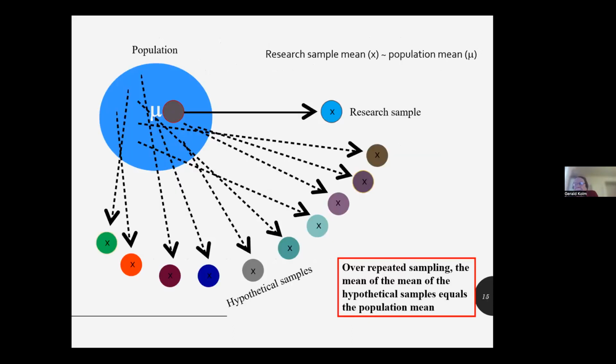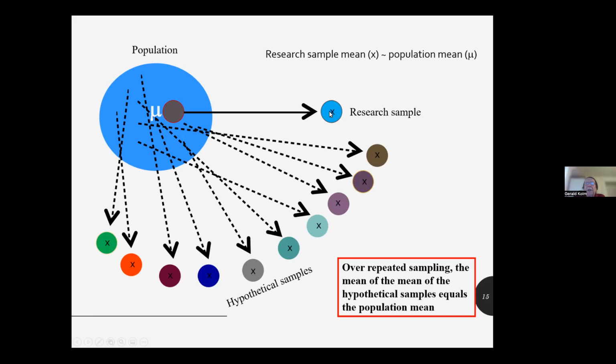So let me give a picture here of what we're doing. We have our population over on the left, and we assume that this population has some mean. We'll refer to it as mu. When we do our research, we randomly sample, or maybe we don't randomly select, but we select a certain cohort from this population, and this is our research sample.